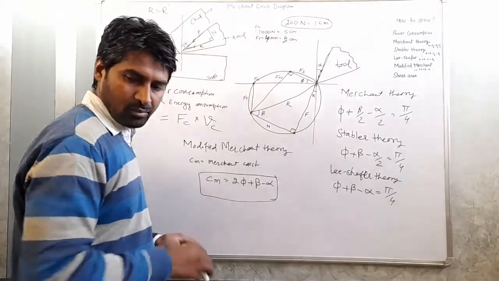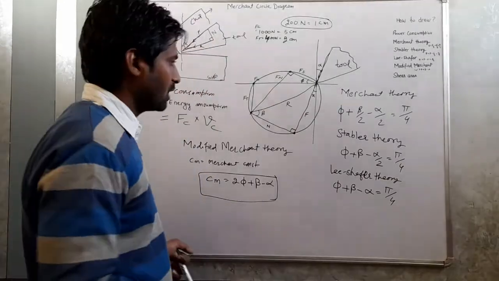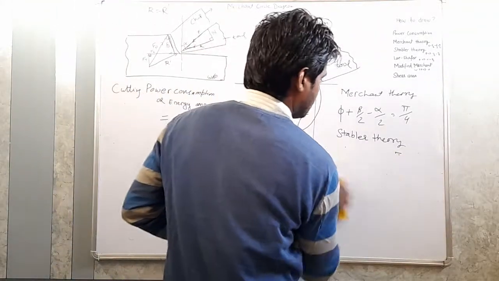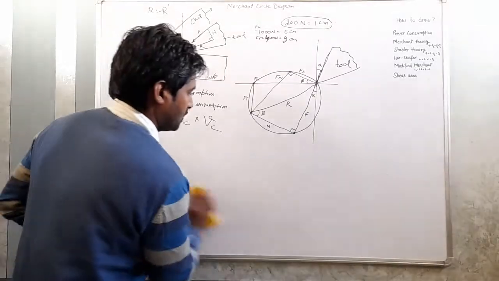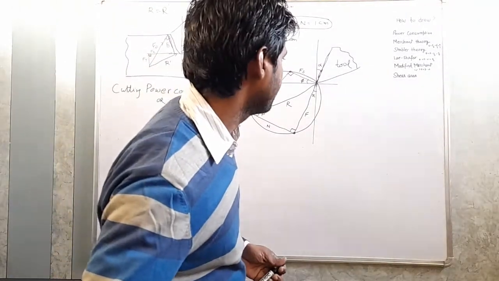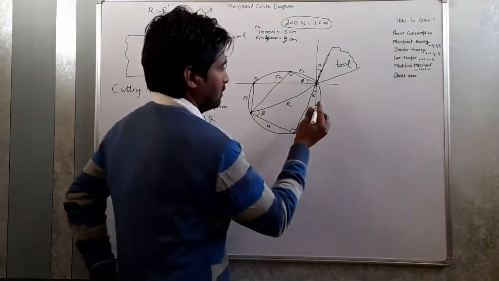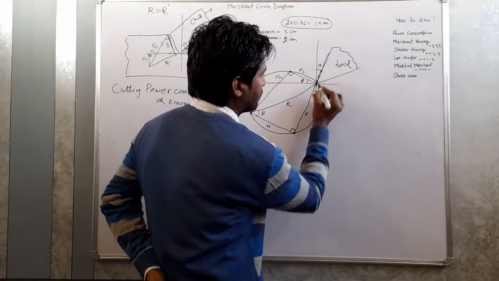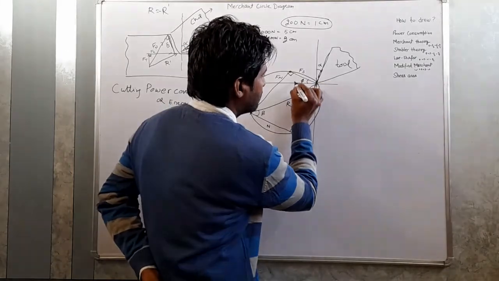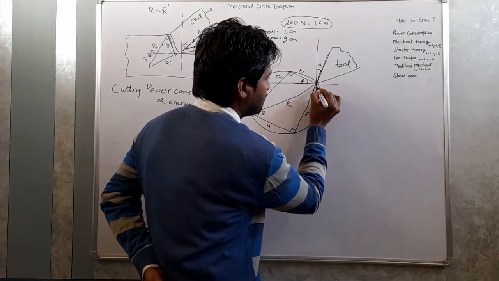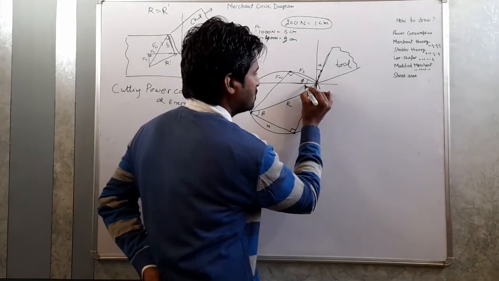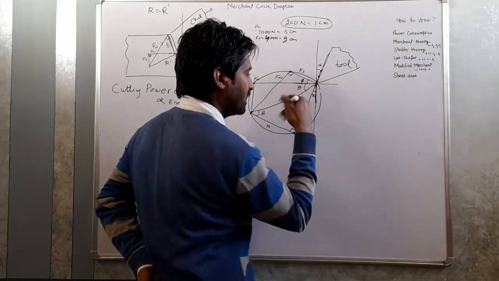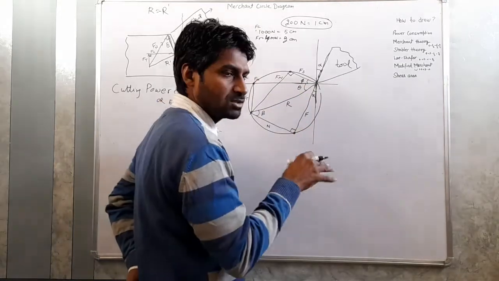One more formula is here that I want you to keep in your mind. That is very important. This angle is alpha, the rake angle, and this is the 90 degree. So let's assume this angle is theta, or x or anything.